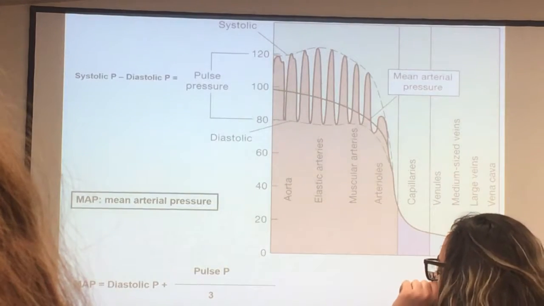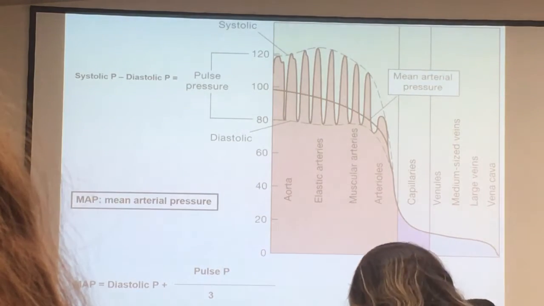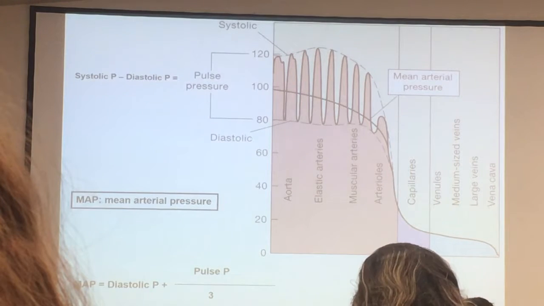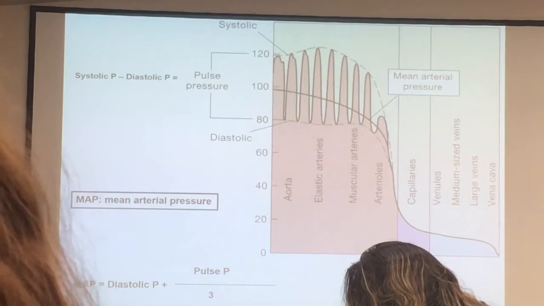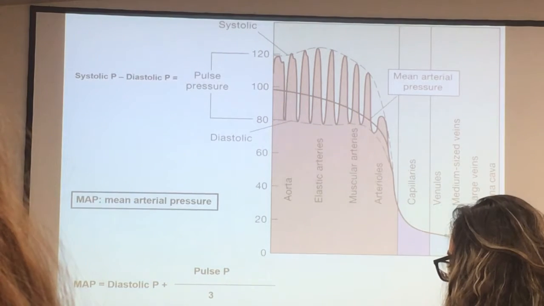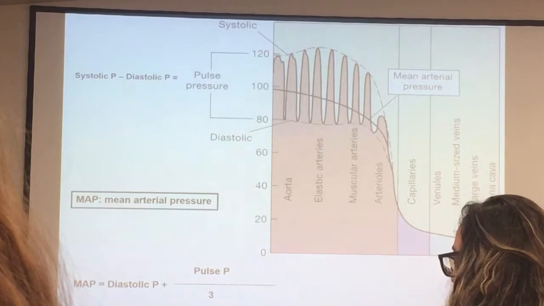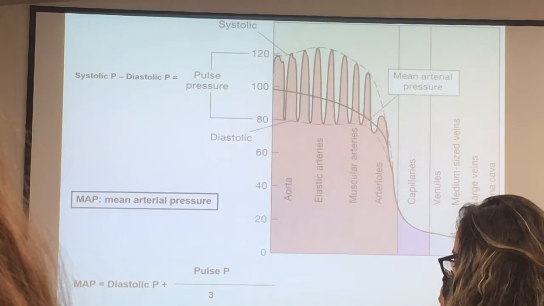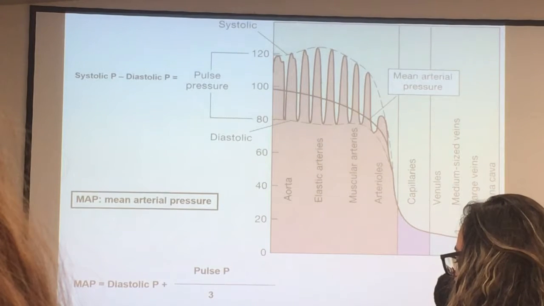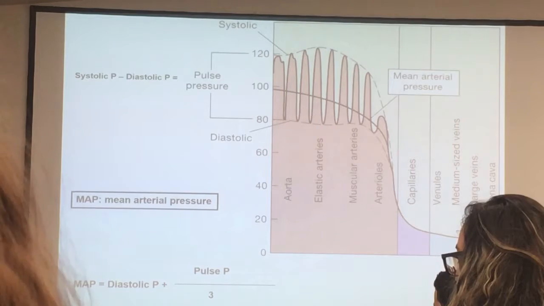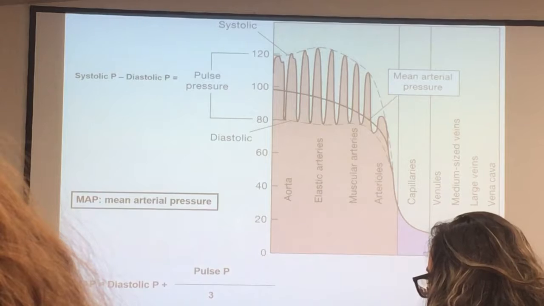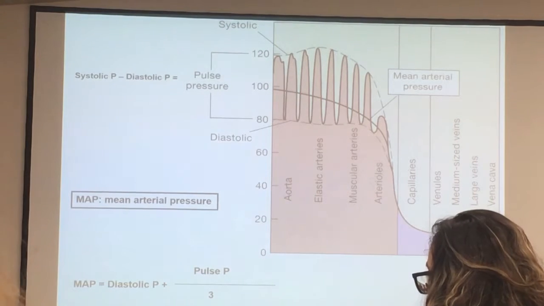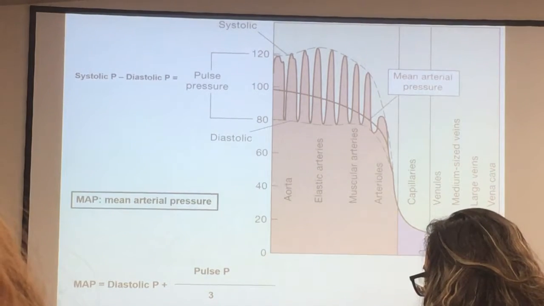Okay. This one used to be a calculation question. Let me give you an example. One person is 120 over, let's put something extreme, 90. And what is the mean arterial pressure? We use the diastolic low part here, 90, plus the difference between these two, 120 minus 90.